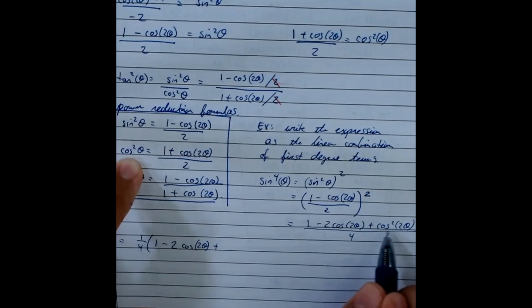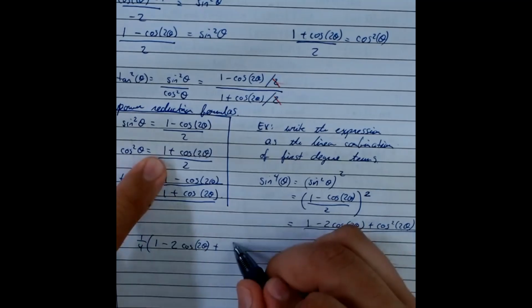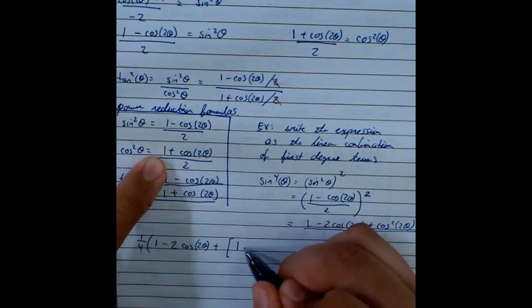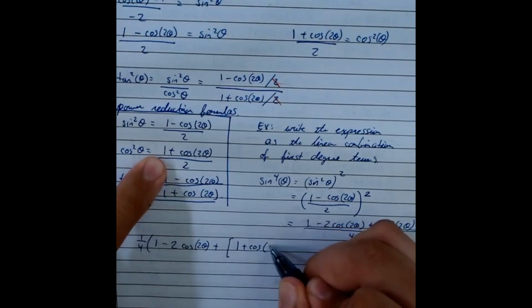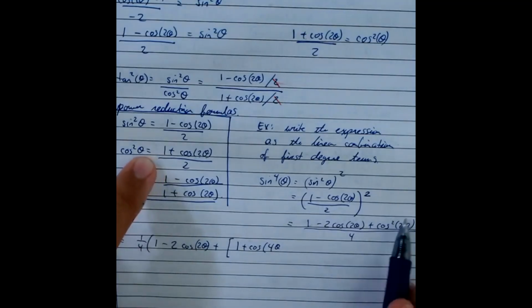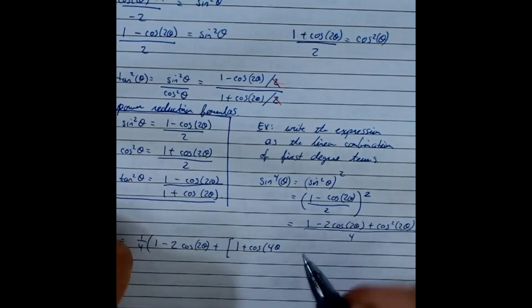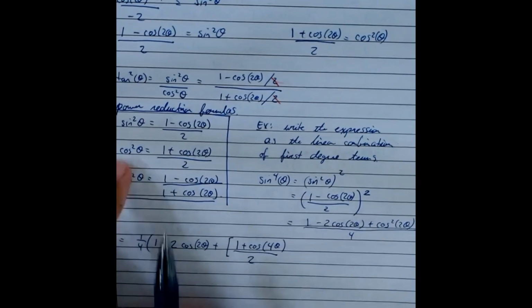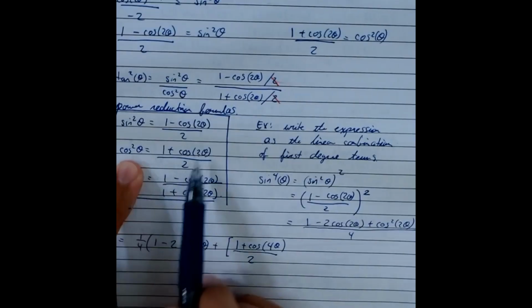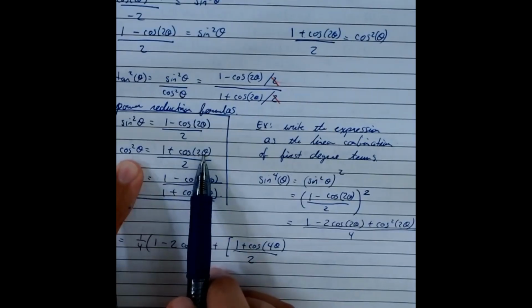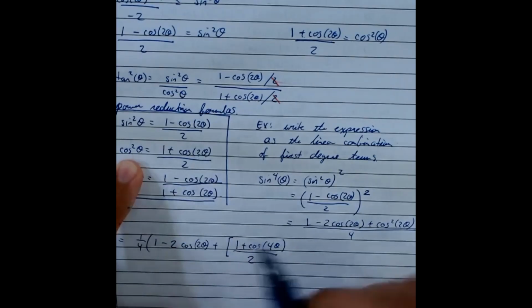So take cosine squared of 2 theta. That will be 1 plus cosine of 4 theta, over 2. You're going to take your angle, which was already doubled, and you're going to double that again. So that'll be 4 theta over 2. Basically, that theta becomes a 2 theta, and that theta becomes a 2 theta. So double 2 theta is 4 theta.